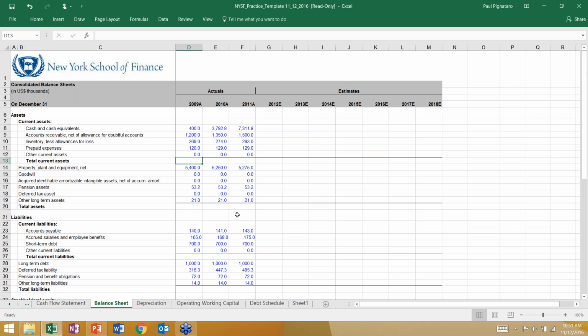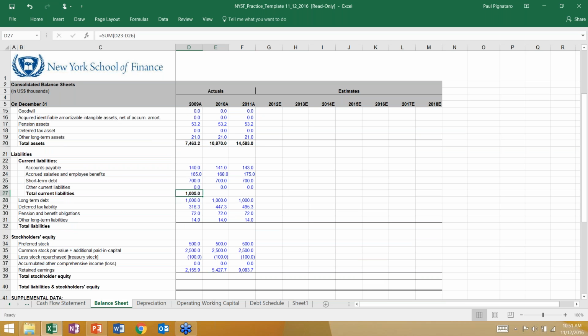So what I first want to do is build out the historicals. I want to build out the total current assets by adding everything together to sum. The total assets is the sum of the current and non-current, so just take the total current assets and sum everything underneath it. I wouldn't do more than that.